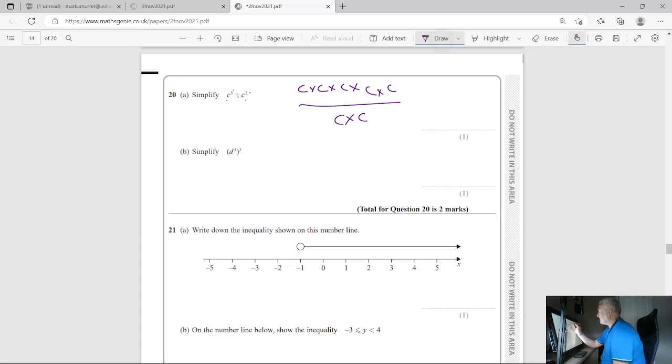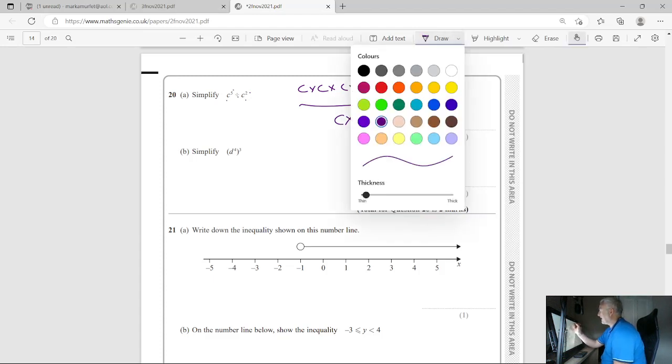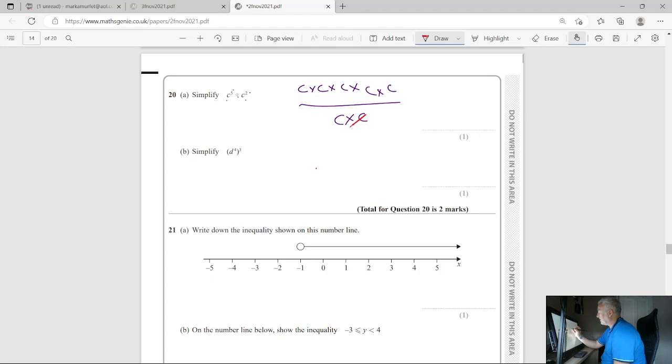And remember, anything on the top will cancel anything on the bottom. So we've got 1 c there that can cancel out that, 1 c there that can cancel out that, and I'm left with c times c times c, which is c cubed.